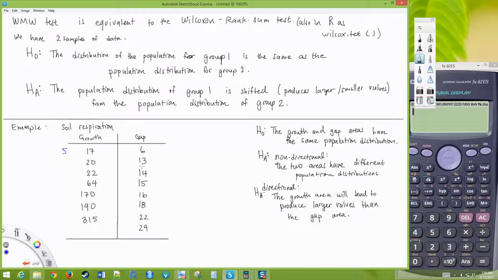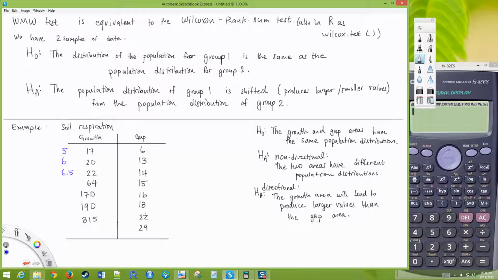So I look at 20 and count how many numbers are smaller: 1, 2, 3, 4, 5, 6. I get 6 numbers that are smaller. I look at 22 and have 6 numbers that are smaller, and I have a tie at 22. When we count how many are smaller in the other list, we award half a point for ties, so here I will have 6.5.